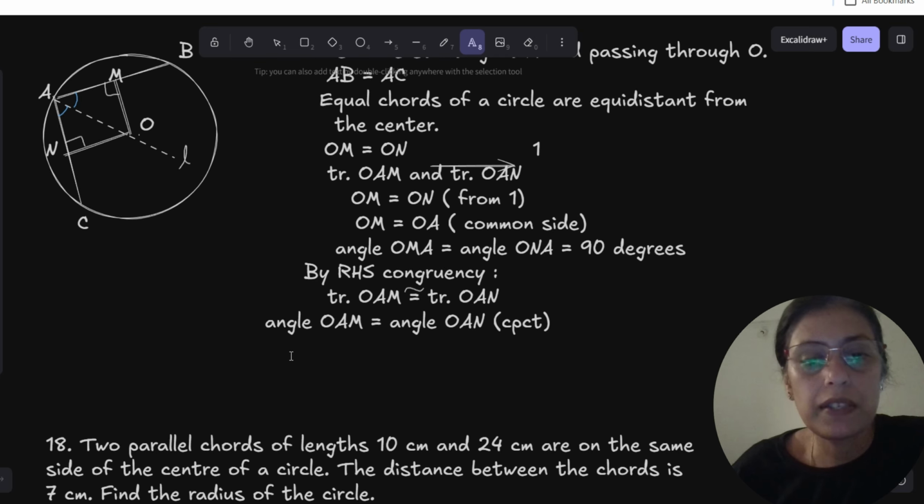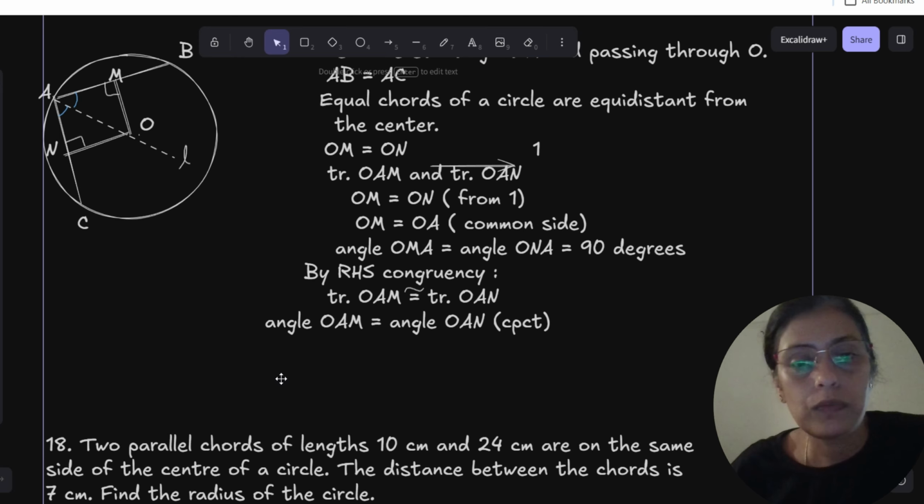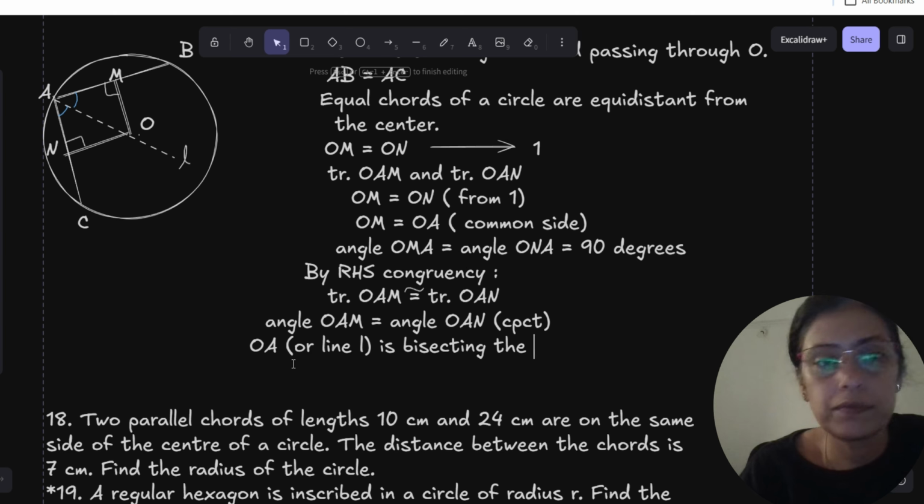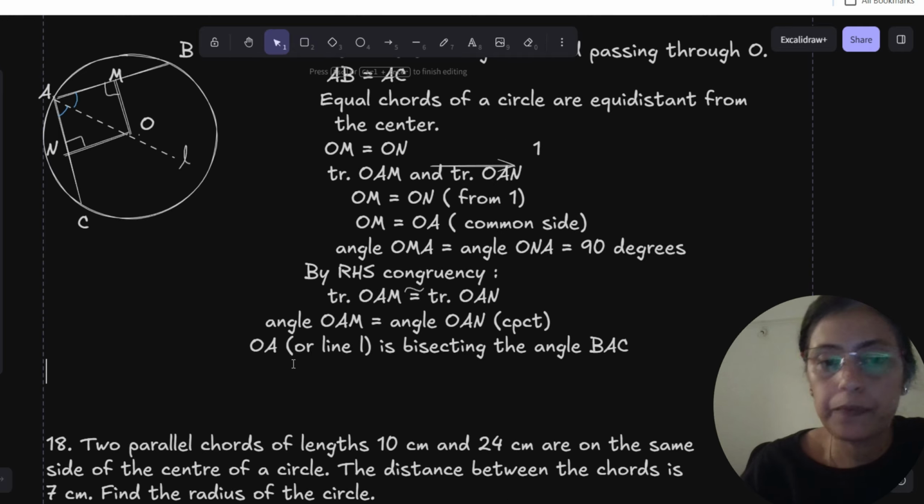This means line OA, or line L, is bisecting the angle BAC.